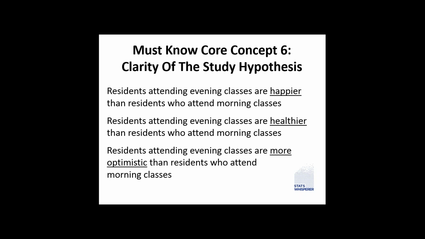Residents attending evening classes are happier than those attending morning, right? Number 2, residents attending evening are healthier than in the morning. And the last one, residents attending evening classes are more optimistic than residents who attend morning classes, right? Because you can state definitively if each one was or wasn't supported, independent of the other.